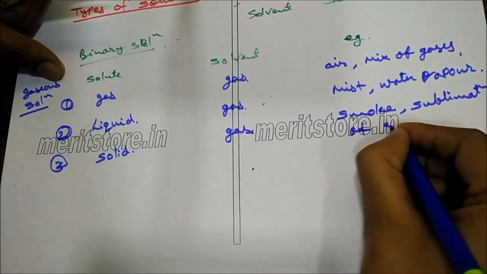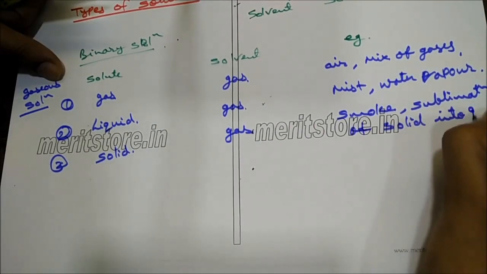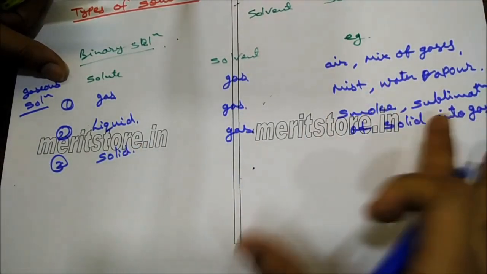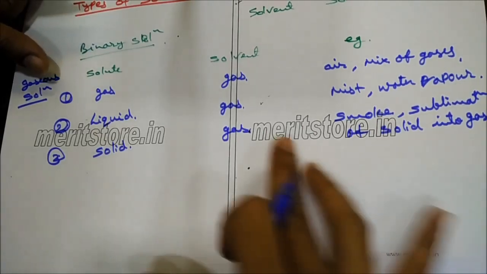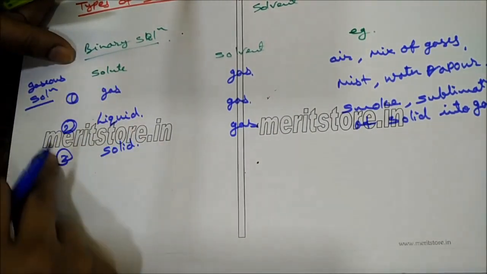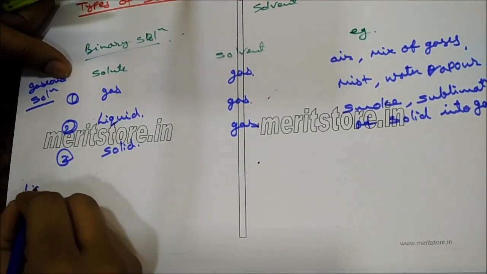Solids are solute and gases are our dispersion medium or solvent. These are the examples of gaseous solution. Now we'll take liquid solutions.